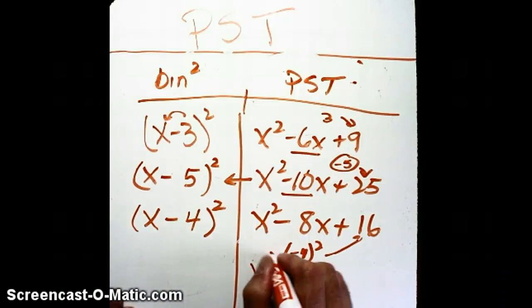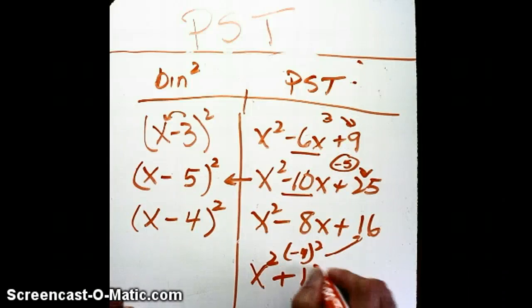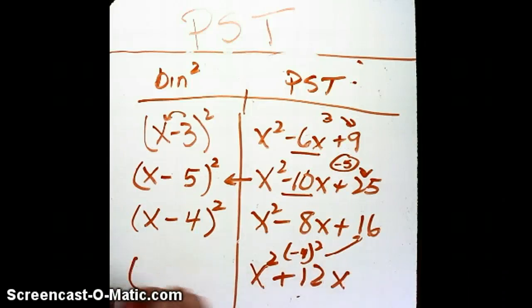Now, one last problem. I want to make a binomial squared here. So in order to do that, I have to make a perfect square trinomial. What number could I put here? Well, I'll just use what I just explained. I'll take half the middle coefficient, which is half of 12 is 6.